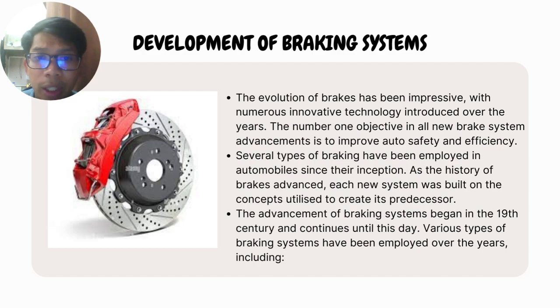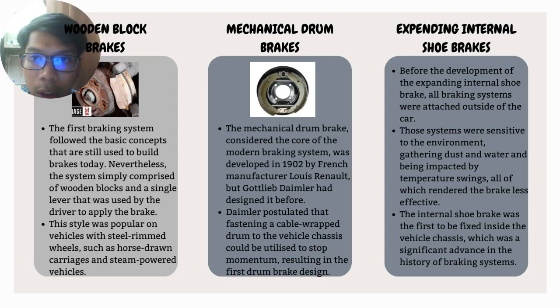Various types of braking systems have been employed over the years, and the first one is wooden block brakes. The first braking system followed the basic concept that is still used to build brakes today. Nevertheless, the system simply comprised a wooden block and a single lever that was used by the driver to apply the brake. Next, mechanical drum brakes.